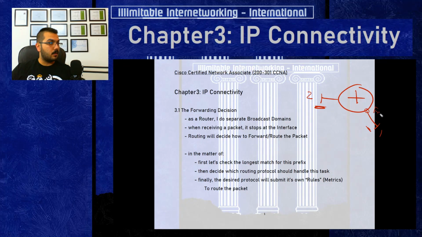Maybe it will be FastEthernet 0/1, and this interface that will be maybe FastEthernet 0/2. Okay, so the first thing is that I must unshut these ports, and the second thing is that I must apply a routing protocol to route the packet that comes from this device, enters this port, to this port that will exit to this device.